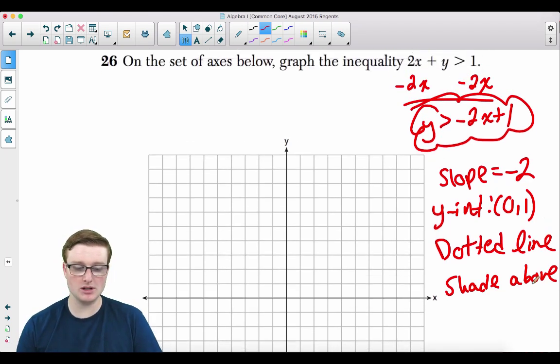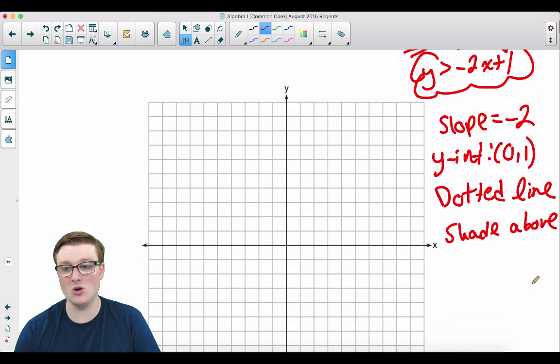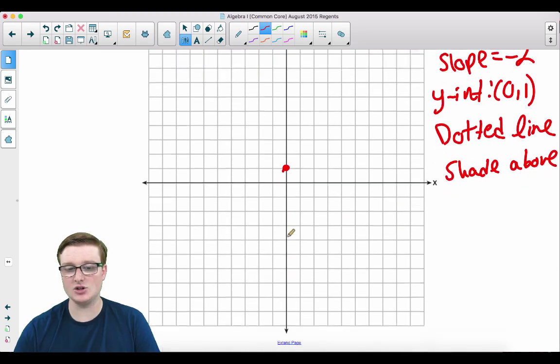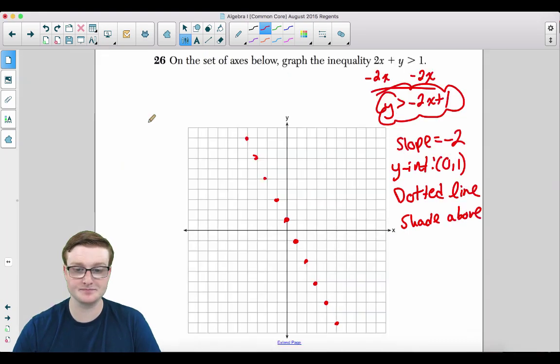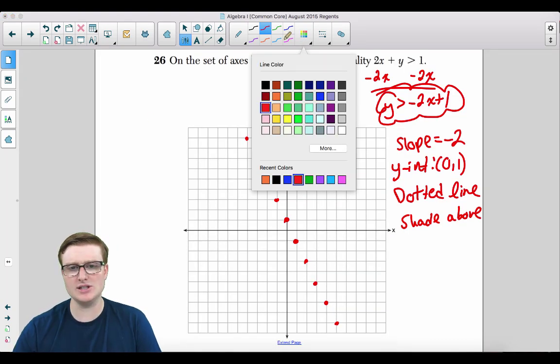So from here, we're just going to graph this. The slope is negative 2, so it starts off at (0, 1) and you go down 2, right 1, down 2, right 1, down 2, right 1, and you keep on going. And then in reverse, you go up 2, left 1, and keep on going. Now from here, all you do is take a line.